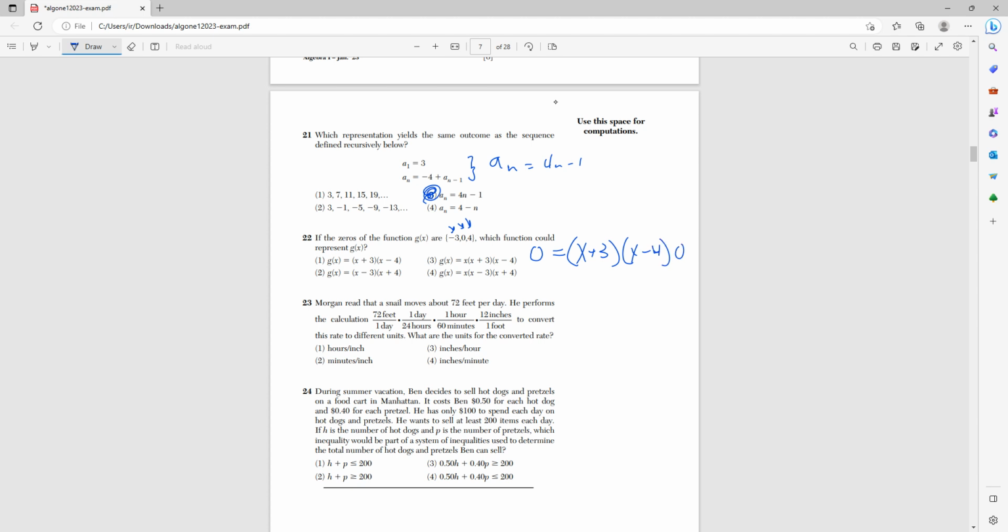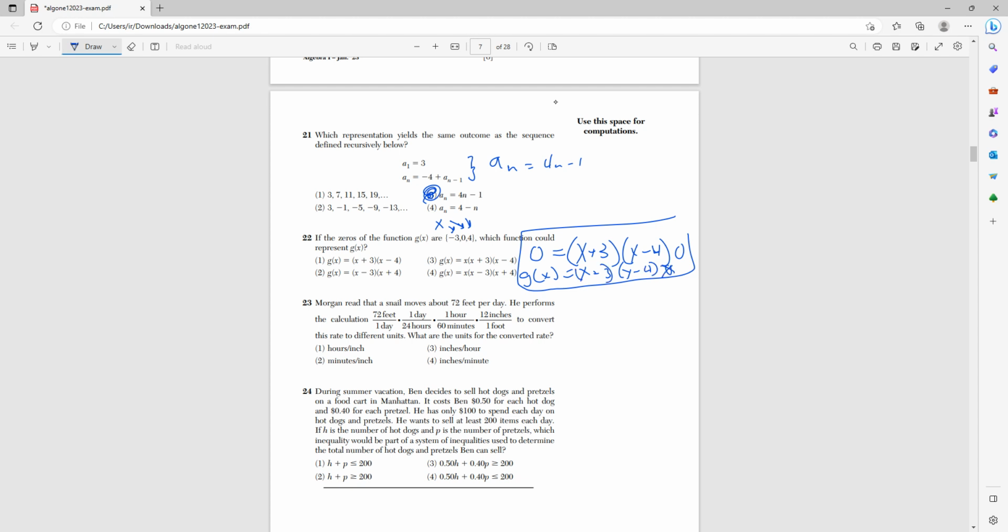Because if you think about it, an x value of negative 3 plus 3 is 0. An x value of 4 minus 4 is 0. If you have an x value of 0, anything times 0 is 0. So you would just rewrite this with the opposite signs and put x in front of it, and g of x is equal to x times x plus 3 times x minus 4.